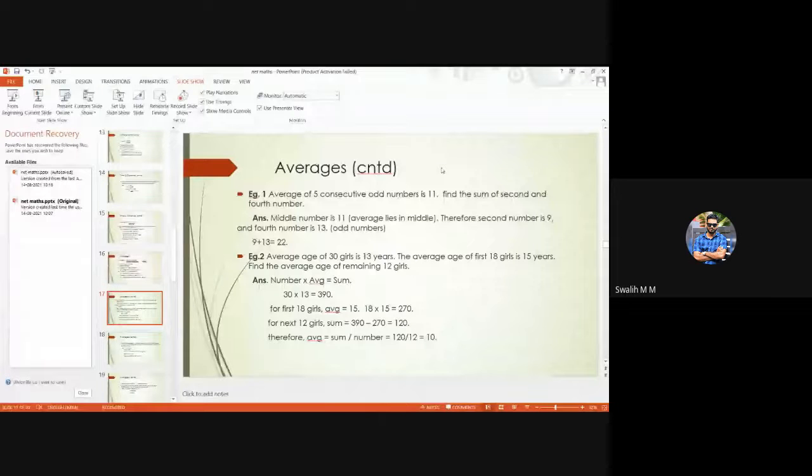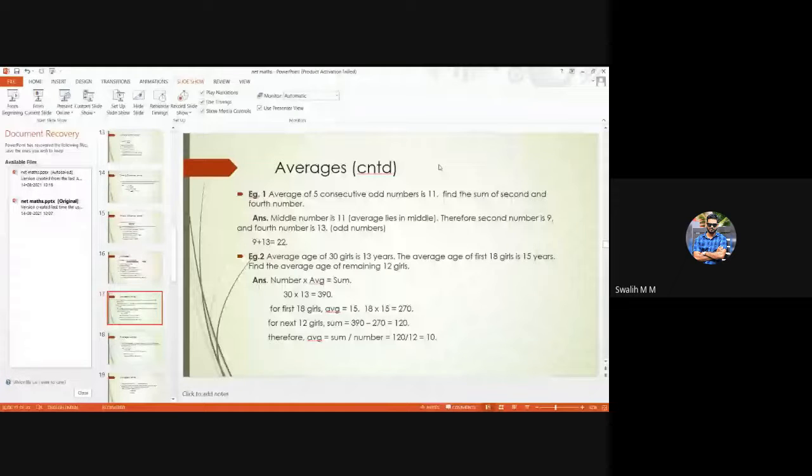11. Remember, in terms of whole numbers or in terms of odd or even numbers, the average would always be in the middle, and if it is odd numbers, it will be exactly in the middle. But if even numbers are given, then the average would be between the 2 even numbers.